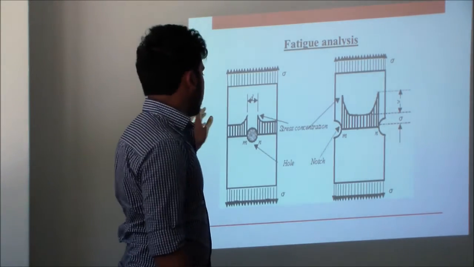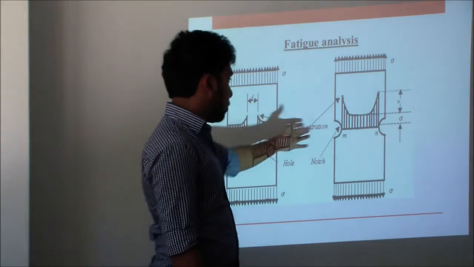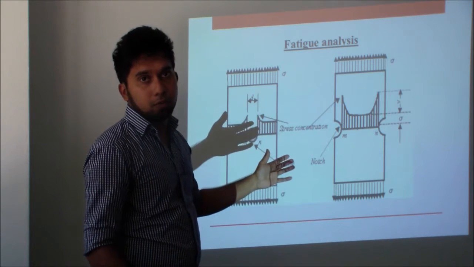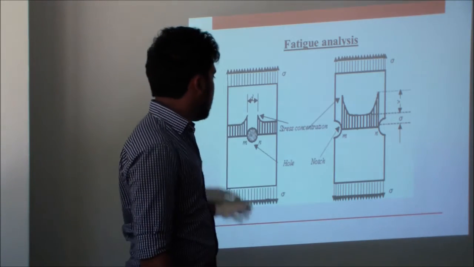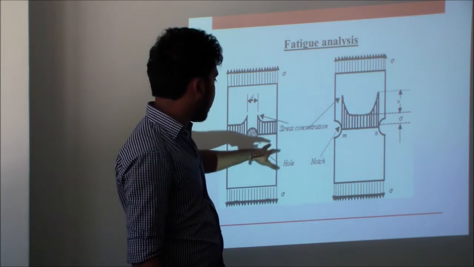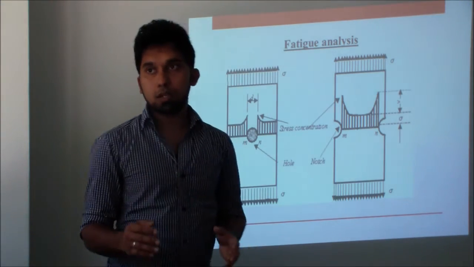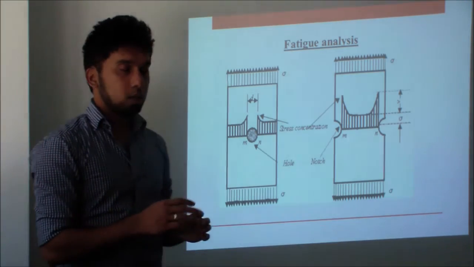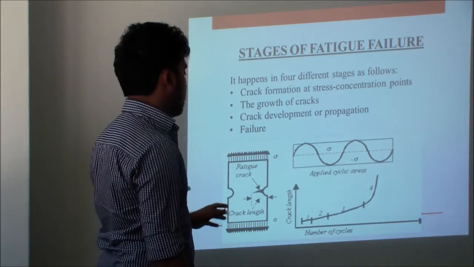As we take a look at the first picture, in case there is a hole or a notch in the signboard, the stress concentration will take place around these holes and notches. Once fatigue cracks are found on the structure, they will progress and ultimately lead to failure.